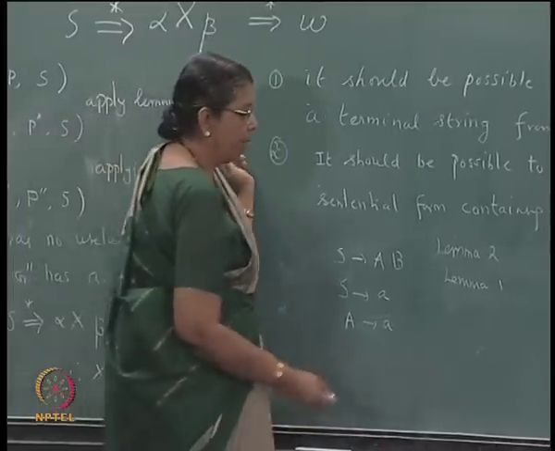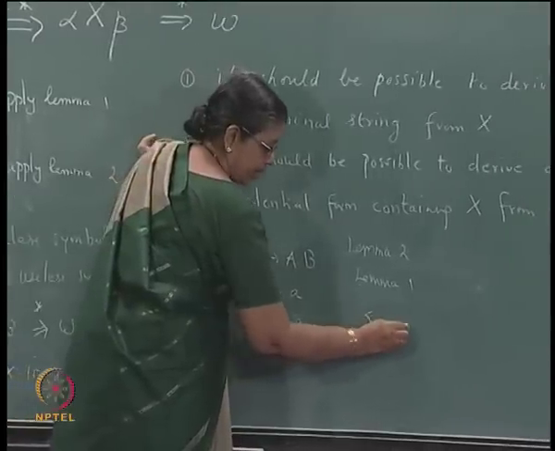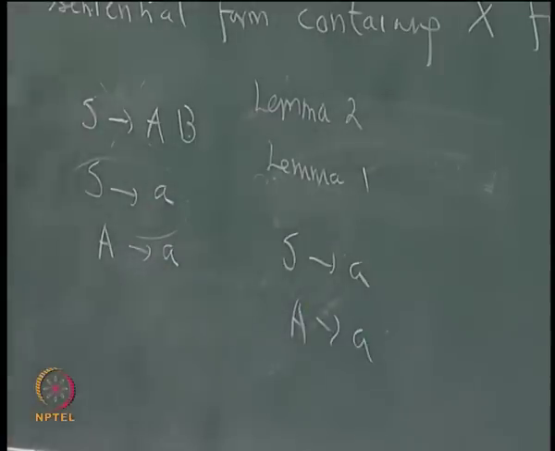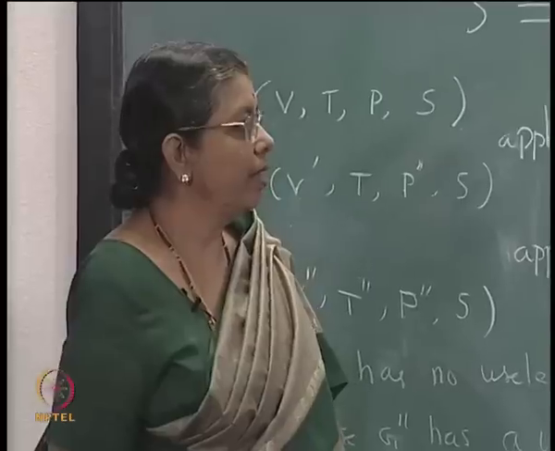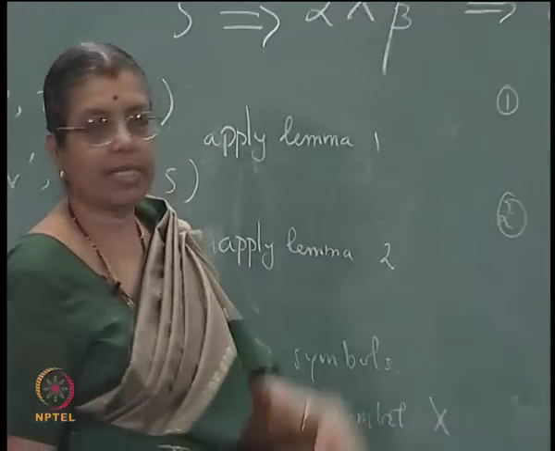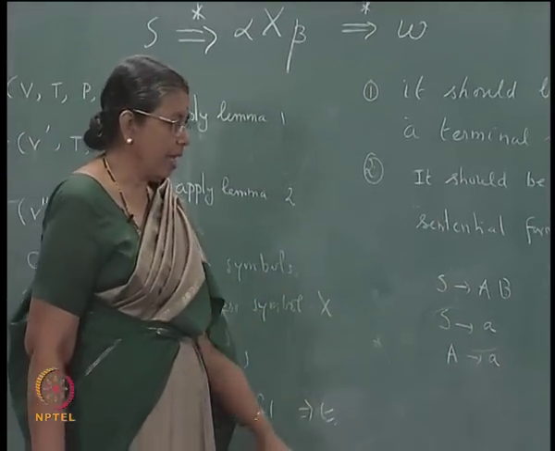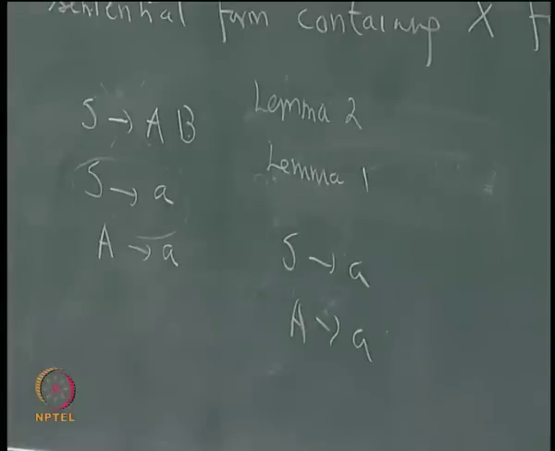So, you will end up with S and A. If you apply lemma 2 first and then lemma 1 next, you will end up with a grammar having 2 rules, S goes to a, A goes to A, but A goes to A is useless, is it not? Capital A is also useless, but that will not come out.